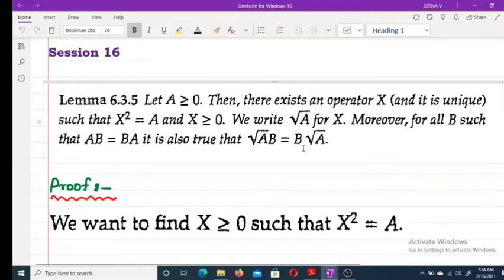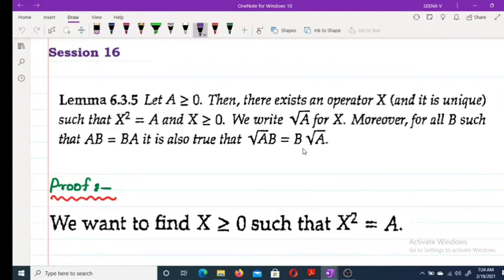That means for all b such that ab equal to ba, if we take root a as x, then xb equal to bx.